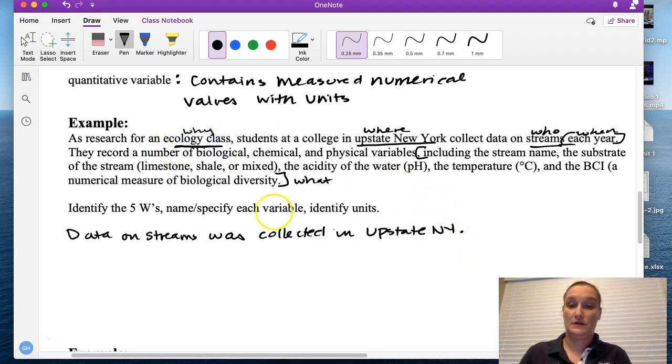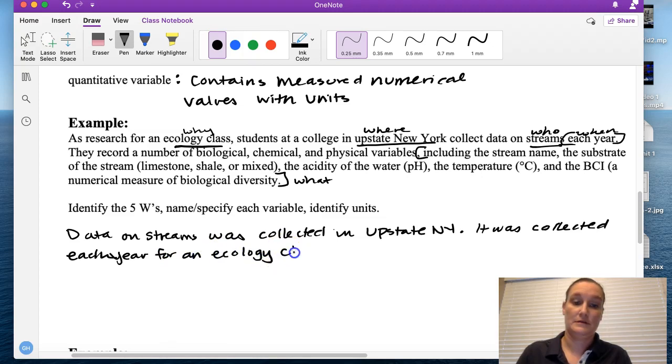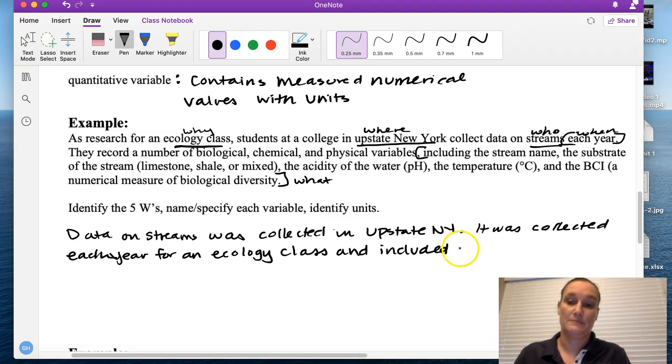Okay, so we're going to say it was collected each year for an ecology class and included, so you're just rewriting the statement of the problem basically.